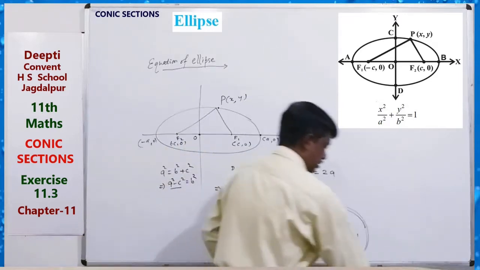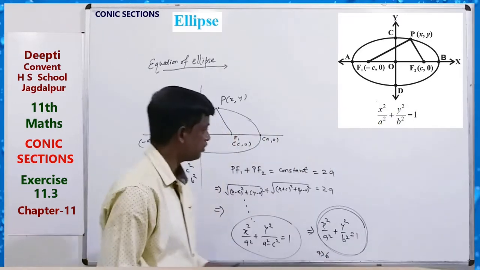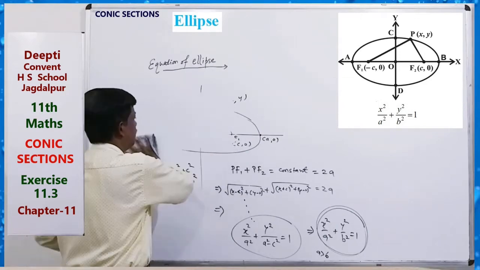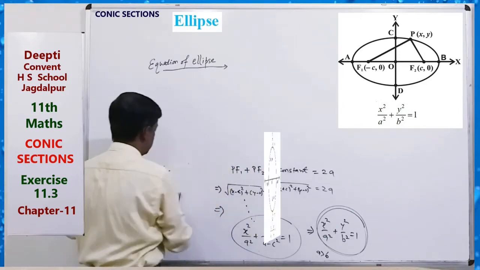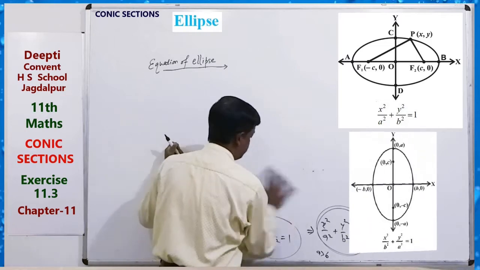So from the diagram also it is clear the shape of the ellipse. Okay.